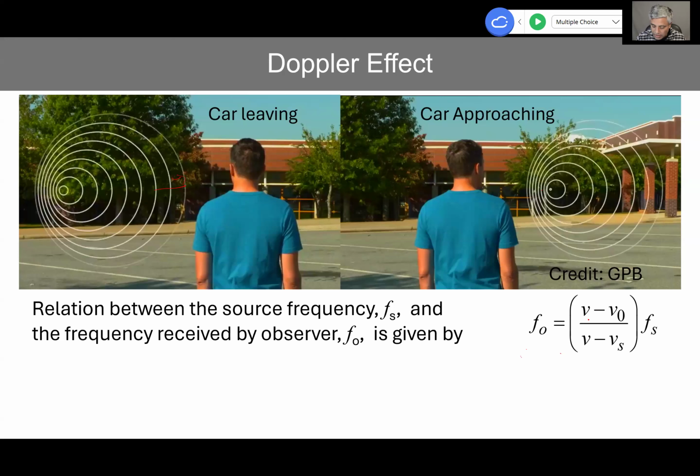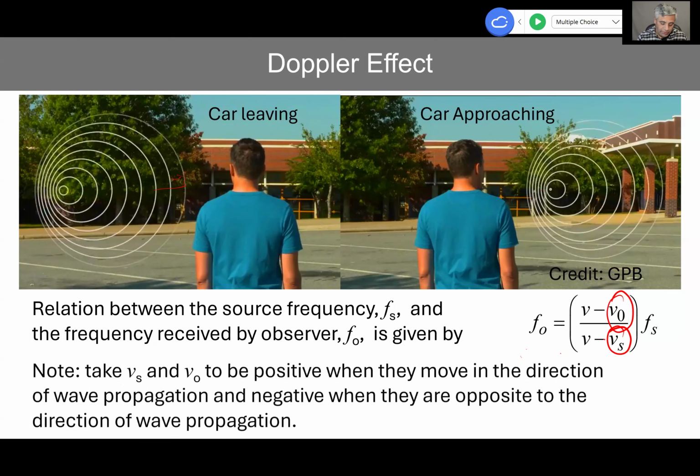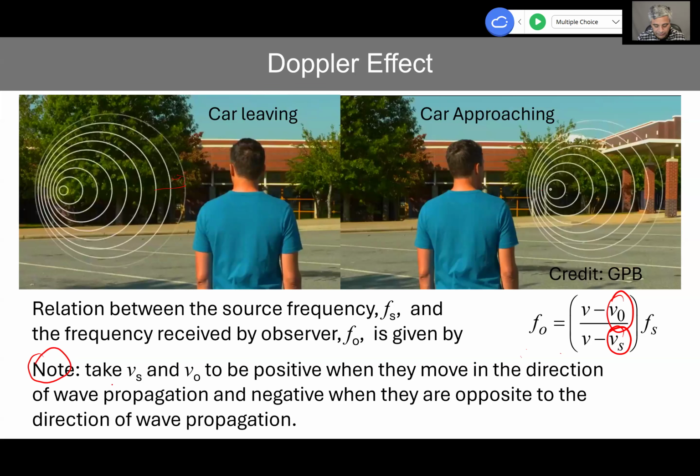But we can also just say, okay, there are these negative signs, and now this V0 and Vs mean the speed of the observer or the speed of the source. Rather than saying speed, maybe I should say velocity. So we can have the sign of these velocities as well. So how do we take account of that? For that I have written this here.